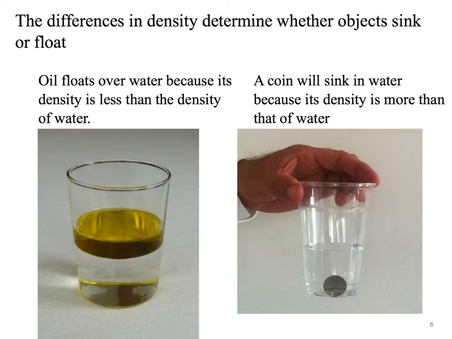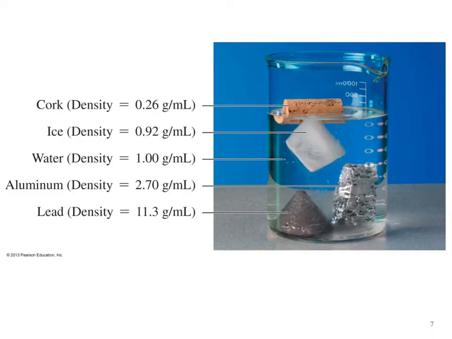For example, oil floats because it's less dense than water, and a coin will sink because it's more dense than water. So if you look at this picture over here, you could tell that the most dense is this one because it's in the bottom. Then we have aluminum. Then here we have the water. Here we have the ice, and cork, which is the one that is less dense.